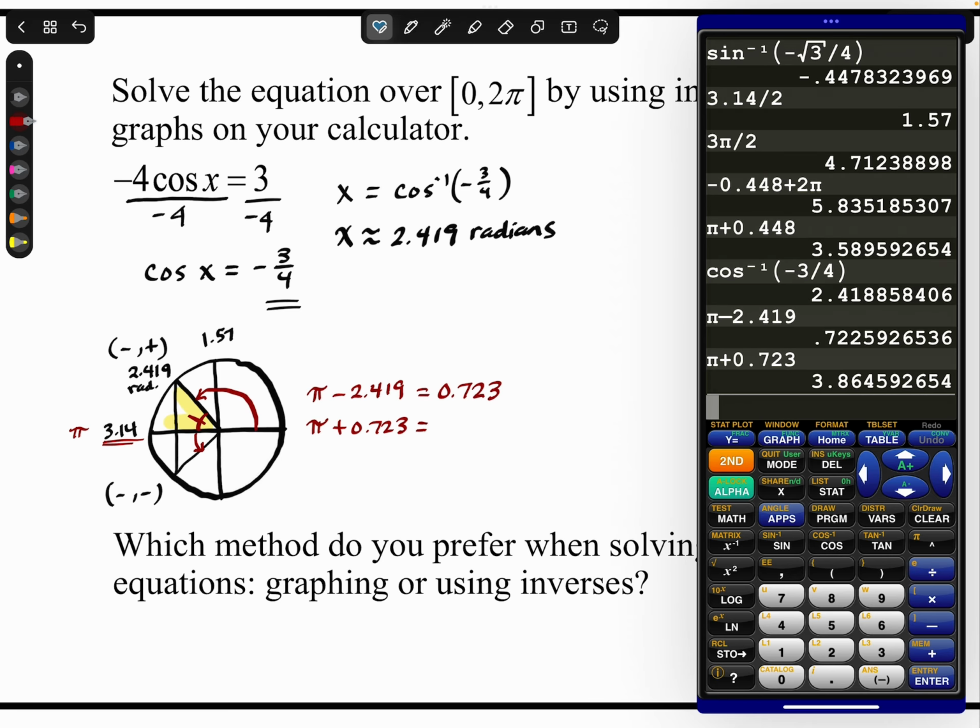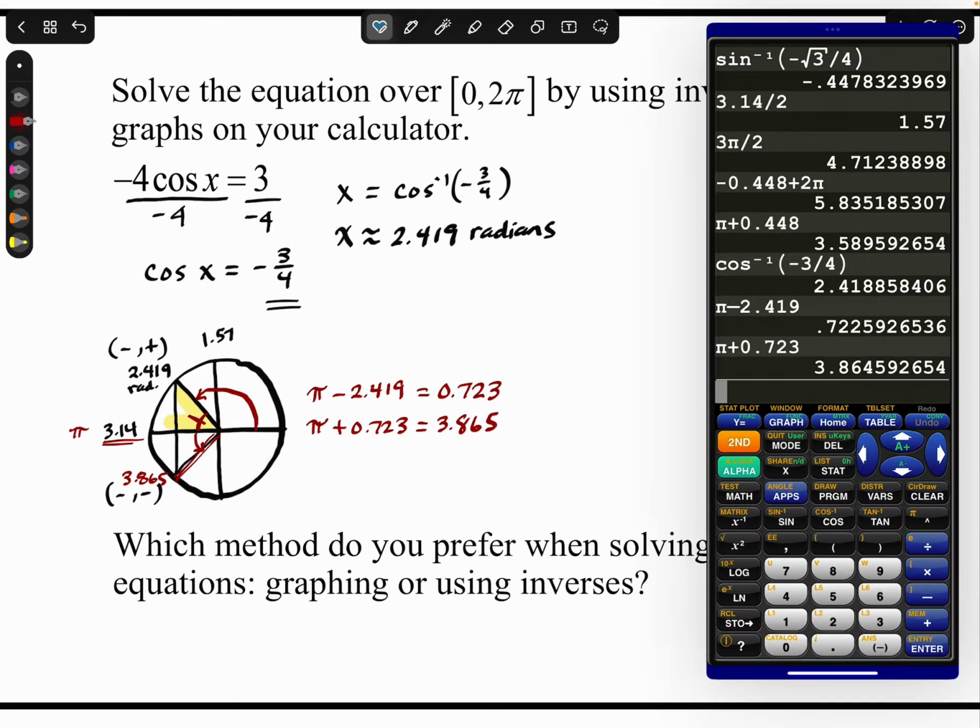And you'll see we get about 3.864, 865 there. So that would be our angle that is down here. This would be 3.865 radians right here. Okay, so that is how we do it with the inverses.